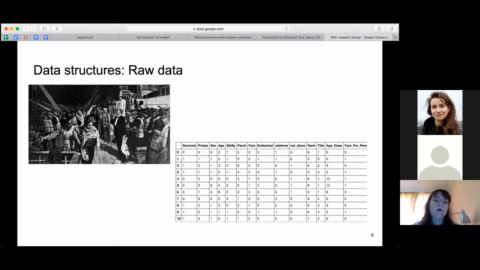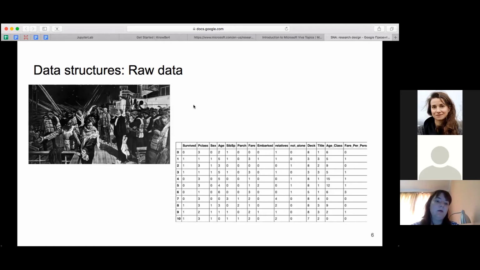Traditional data, we can also call it raw data, is usually collected by surveys or by other mechanisms of data collection. As sociologists, we are used to collecting data by surveys, and usually these data are aggregated at such a level.